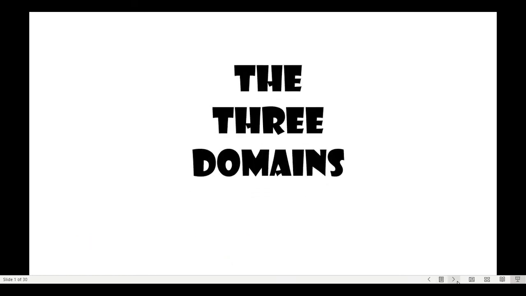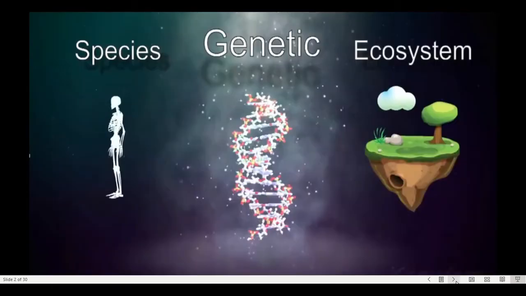Good morning, class. Our topic today is about the 3 domains. On the previous visual lesson that we have, we stated that there are 3 kinds of biodiversity. First one is the species diversity, next is genetic diversity, and ecosystem diversity.